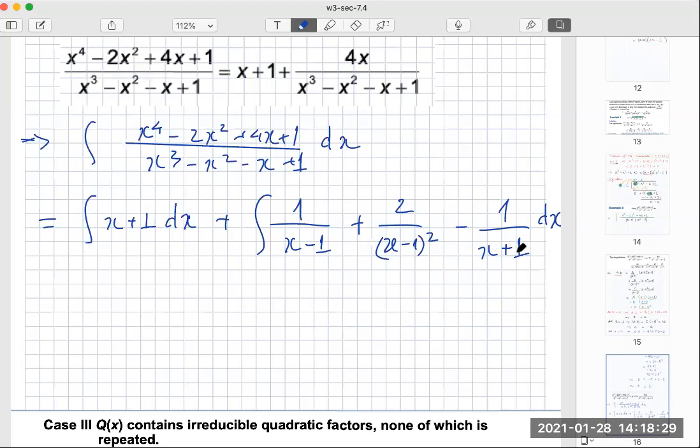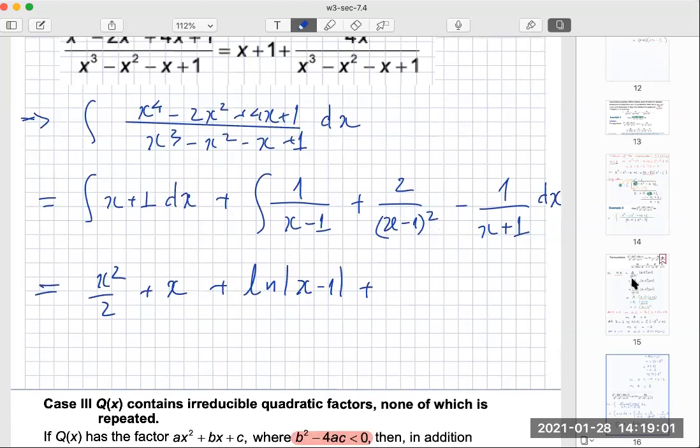Let me write down the result here. Okay. First, guys, here is x squared over 2 plus x plus this guy would be natural log of, what is it? Very good. Plus, here this guy you can do, yeah, find out how to solve it.